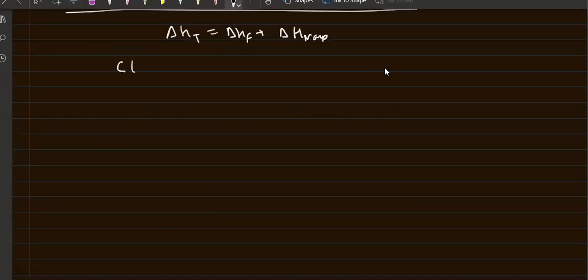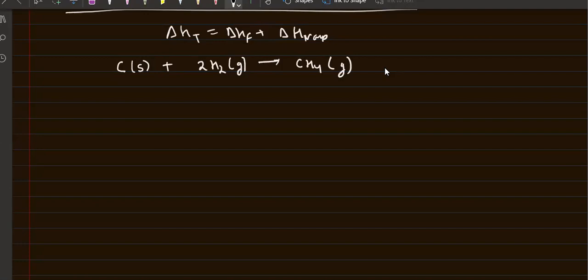It exists in solid state, right? Plus 2H2, which exists in gaseous state, and it will give me CH4, which exists in gaseous state. So this is your reaction for formation of CH4. Right, everyone?